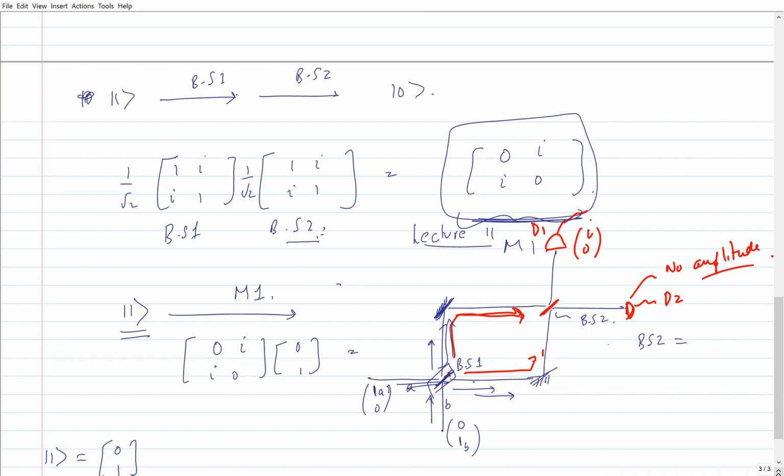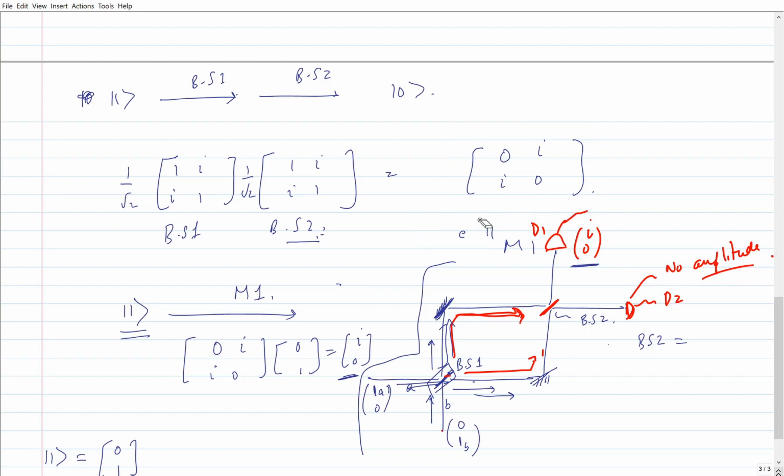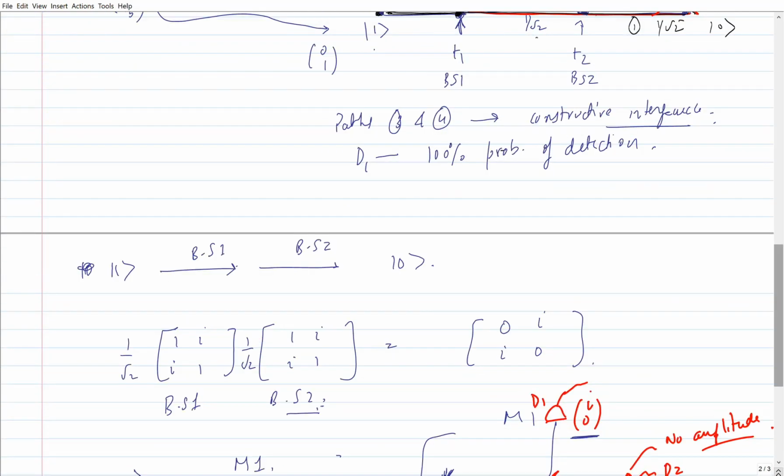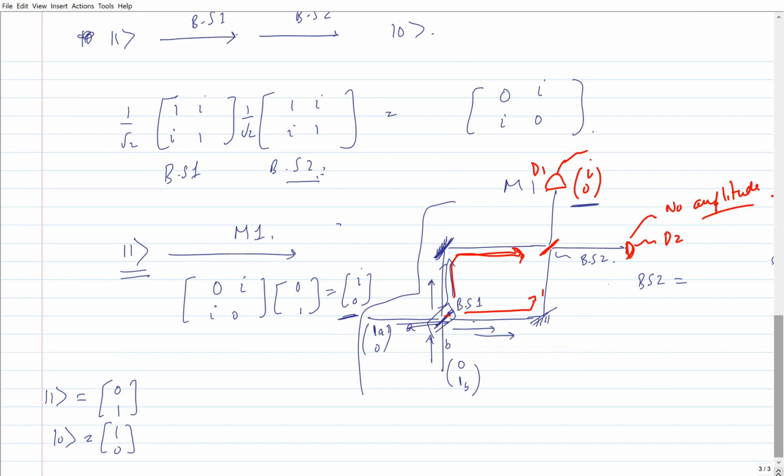Let me just separate this figure. That's going to be iota 0. So that is essentially happening. Everything goes in this particular detector.